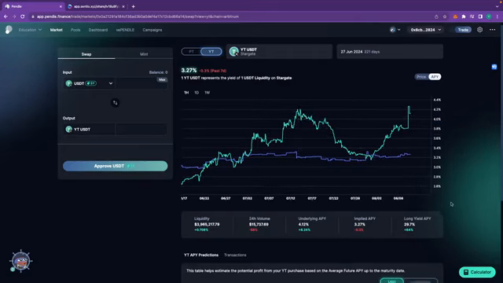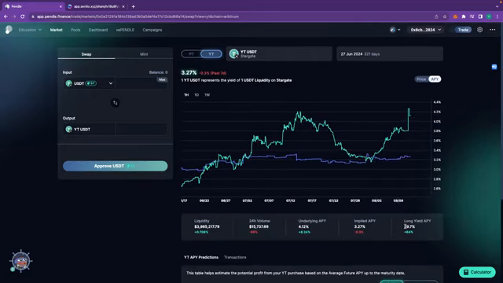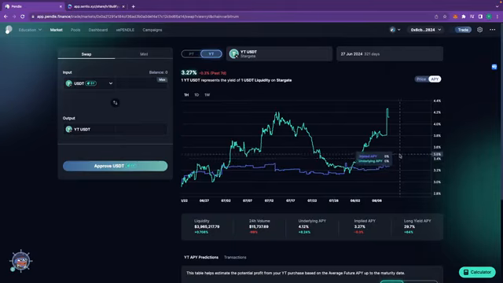So I would say this is a pretty good case to buy YT in this market, assuming that the underlying APY will be consistently higher than this current level, which is 3.2%.